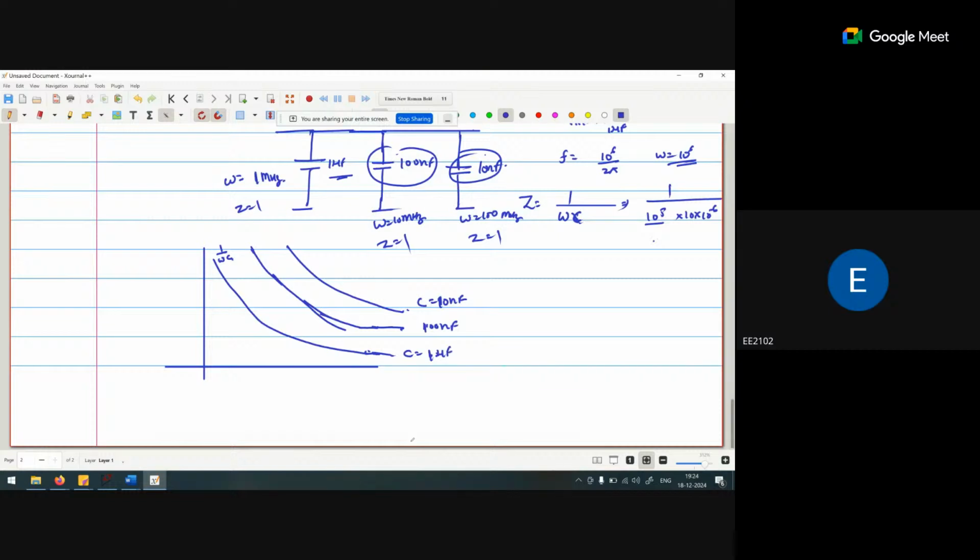Okay, this is my Z out. So basically my span will increase.